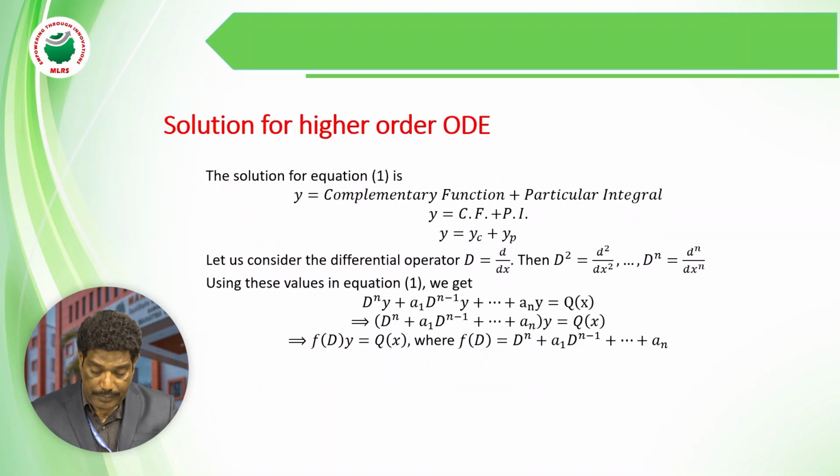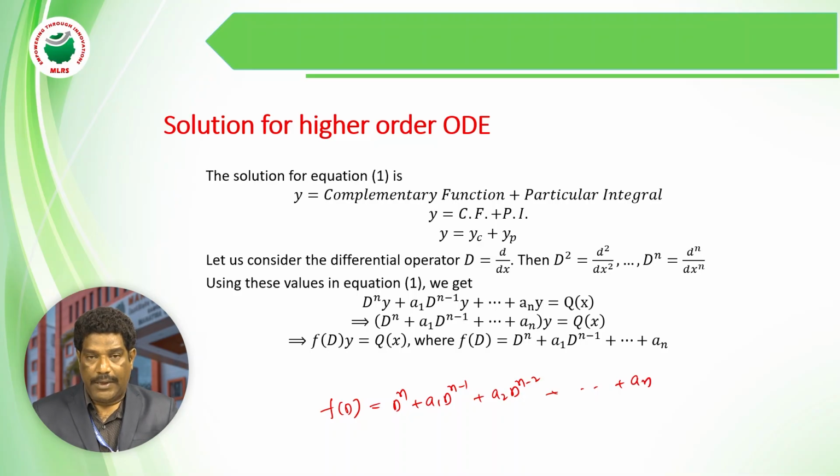So after getting the f of D value, there is D^n + a1 D^(n-1) + a2 D^(n-2) + and so on, plus an. This is a mathematical expression in D of degree n.